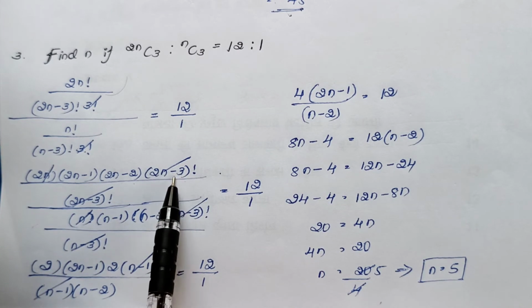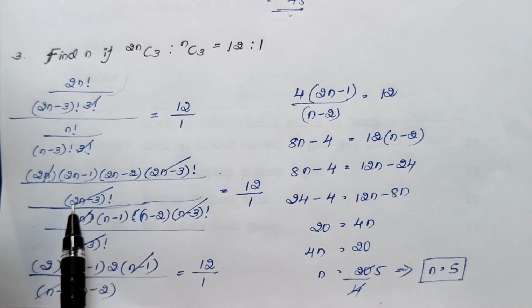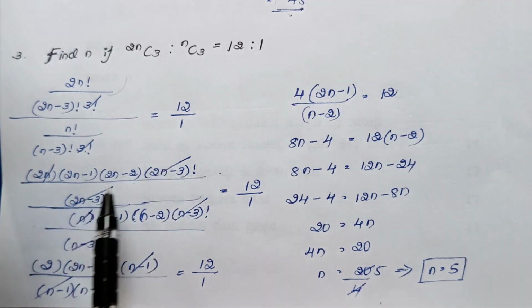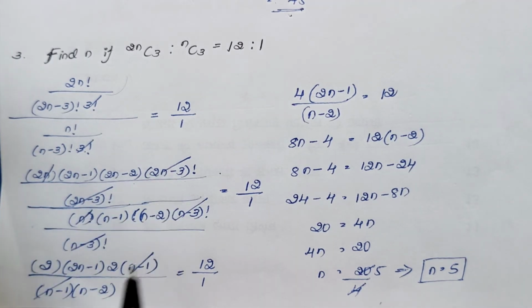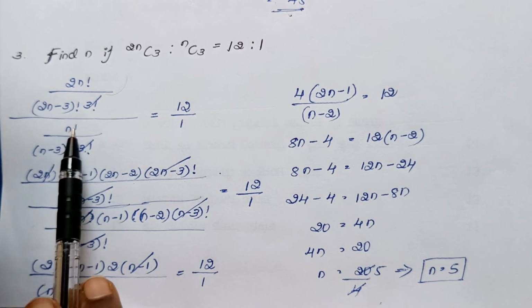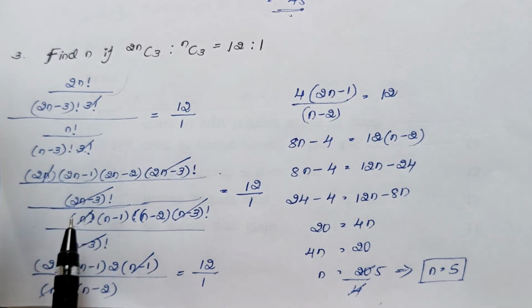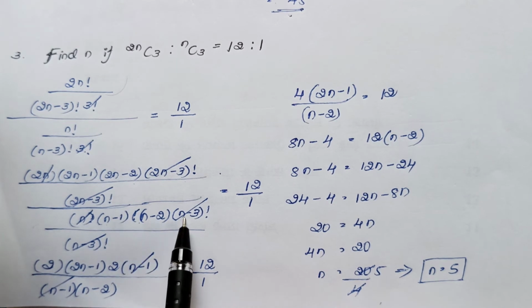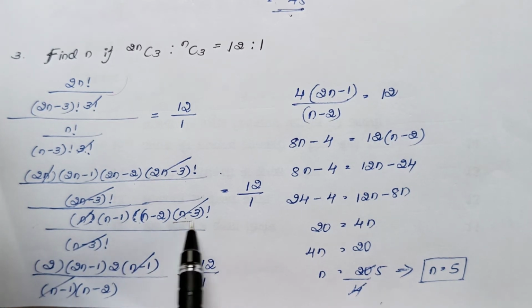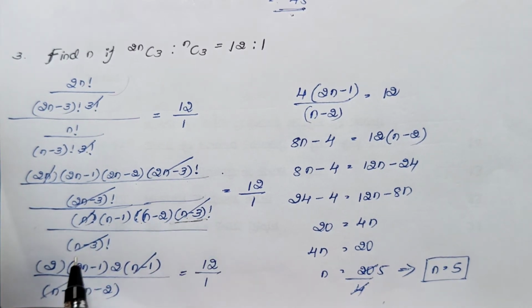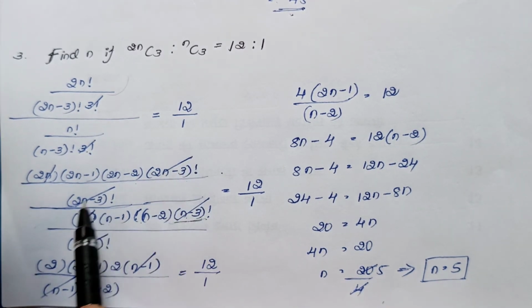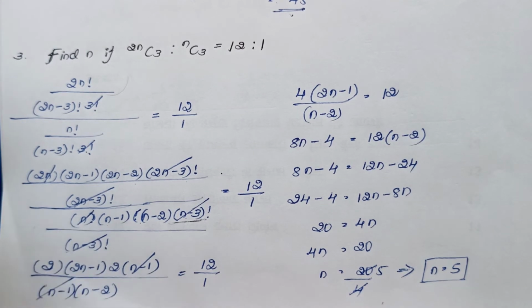Stop here because in the denominator you have 2n minus 3 factorial, so that you can cancel these two. Then expand the n factorial also, as n into n minus 1 into n minus 2 into n minus 3 factorial. Stop here too because we have n minus 3 factorial in the denominator. So these two get cancelled.